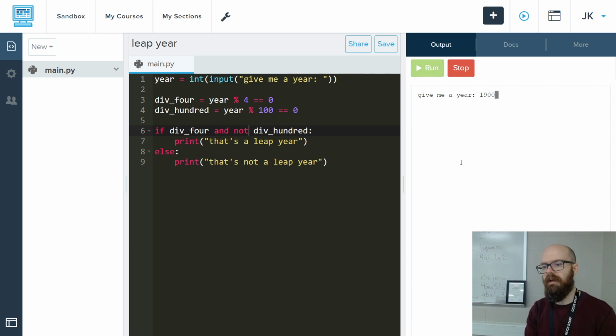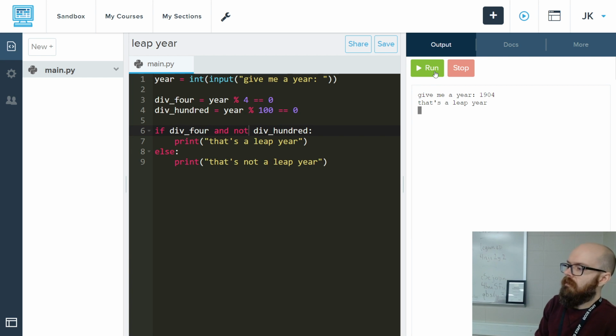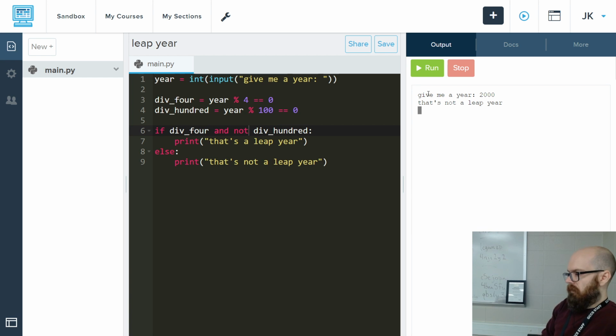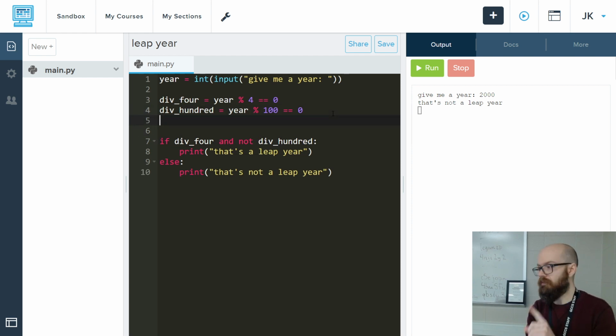So for example, 1900 correctly is identified as a non-leap. 1904 correctly is identified as a leap, but it's still wrong a little bit because here's what happens. 2000 should be a leap year. 2000 was a leap year, and that's because there's an exception to the exception. Every 4 centuries goes back to a yes. So I'm going to say div 400.